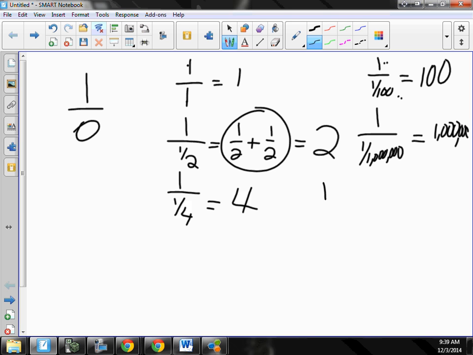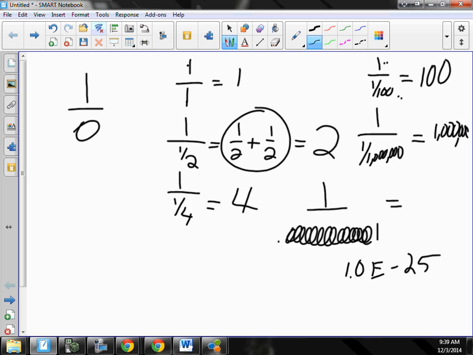So if I had 1 over 1.0 e to the negative 25 or something like that, or I mean this number, then 1 divided by this is going to equal 1 e to the 25th.